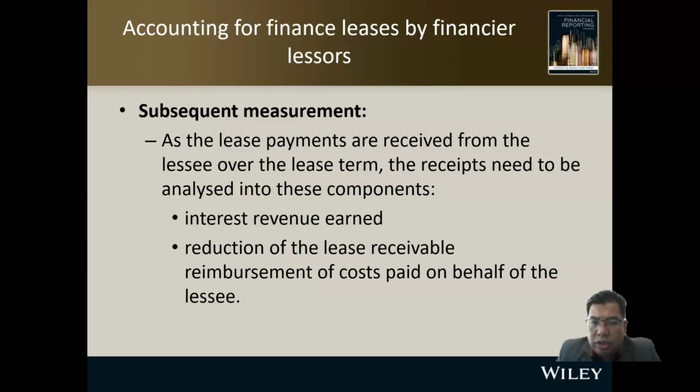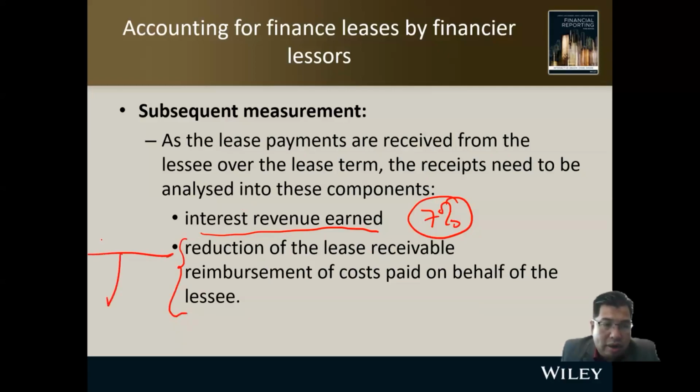The same goes for the lessor in a finance lease, whereby the amount of money received must be split into the interest revenue earned, 7% of the balance, which comes from our example before this, and the balance will be a reduction of the lease receivable.